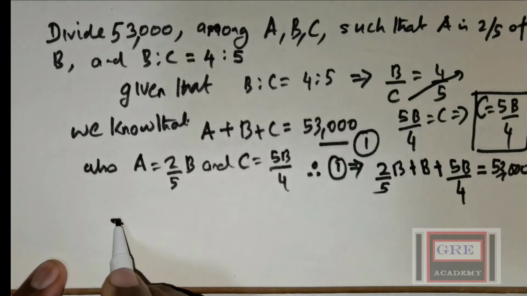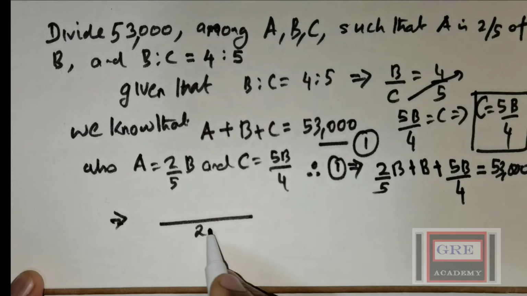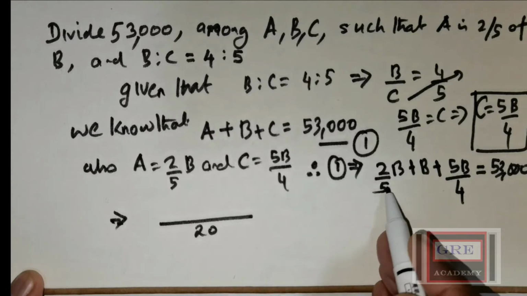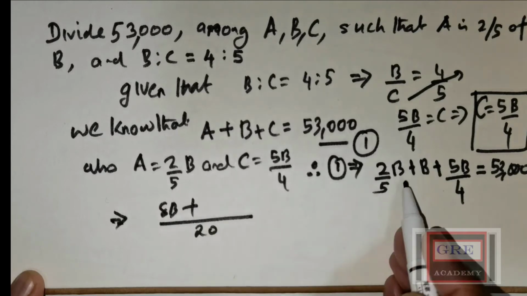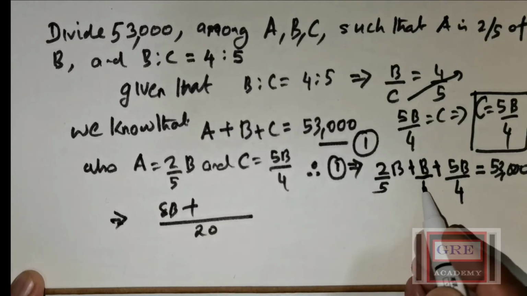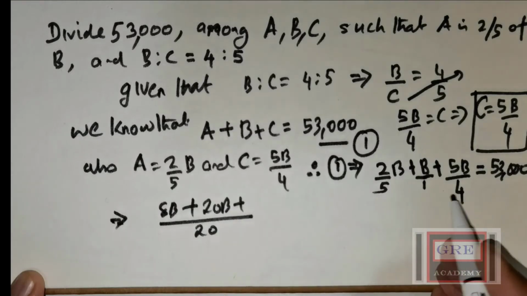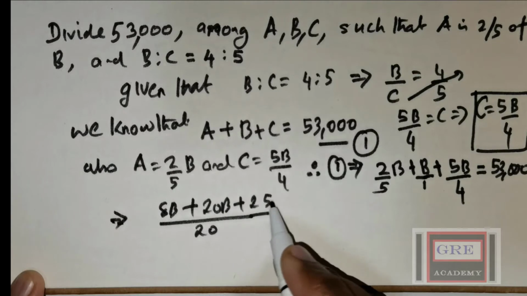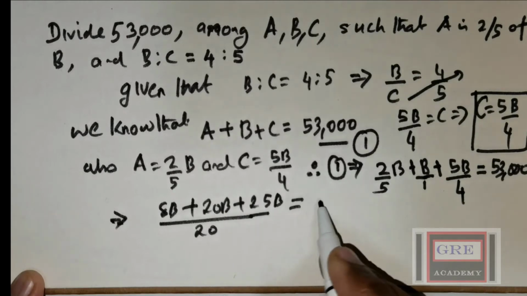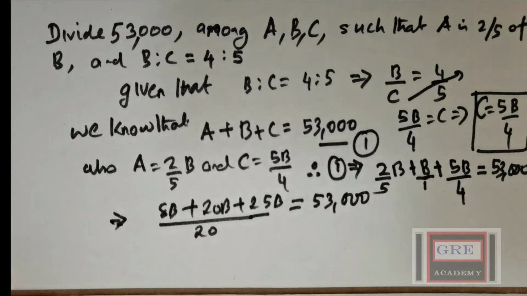Now if I were to take the LCM for this quantity, it will be 20. So that would be 4 times 2, 8B plus the denominator is 1, so that's going to be 20B plus 4 divides 20, 5 times, 5 5s are 25. So we got 25B is equal to 53,000. This is what we are having.